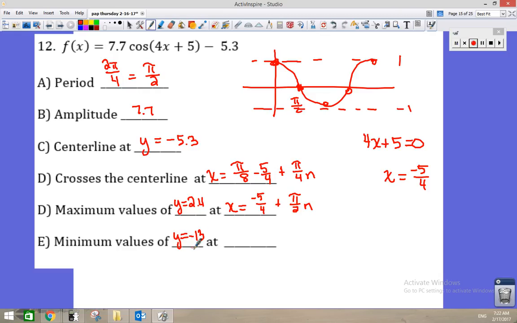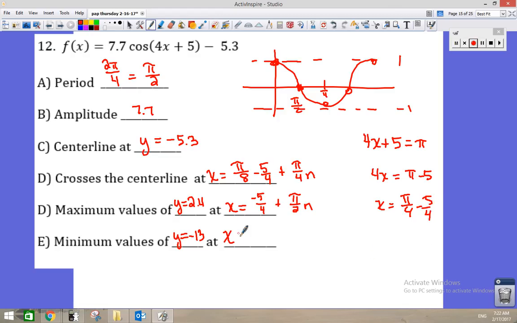So now if I want a minimum value, I don't want to have it take the cosine of 0. I want to actually take the cosine of pi. So let's solve this for x. So we've got pi minus 5. If I divide everybody by 4, we've got pi divided by 4 and 5 divided by 4.